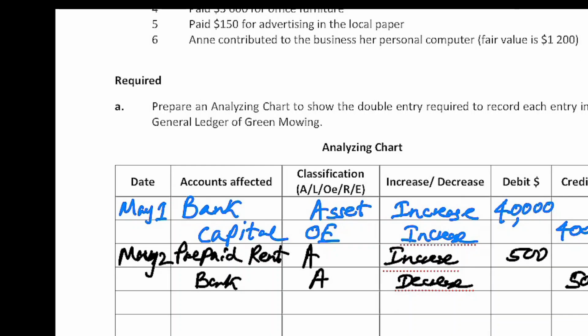So I wrote the debit entry first. Then you can ask me if it is wrong to write the credit entry first. Is it wrong? Not wrong. But the better practice is always to write the debit entry first. That's the practice, guys.